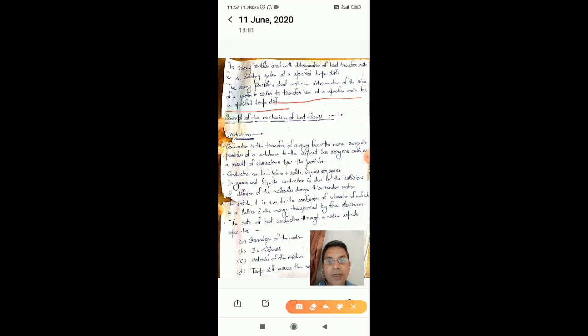Clear. Proceeding to the next part, the concept of mechanism of heat flow. What does this mean? This means in how many ways heat can be transferred. You must be knowing this one, and this topic is taught right from your childhood, that heat can be transferred in three ways.